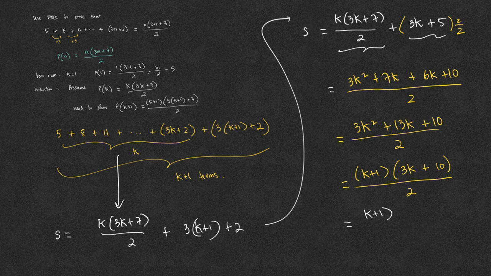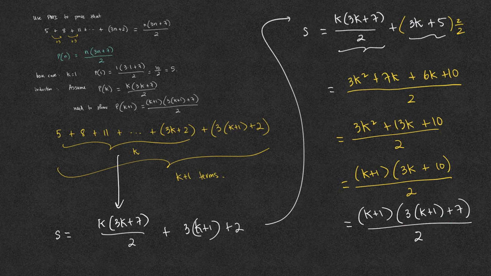We keep k plus 1 and then 3 times (k + 1) plus 7, because we split 10 into 3 plus 7 and we factor out the 3. Notice that if we multiply this out, we end up with 3k plus 3 plus 7, which will give us 3k plus 10 back. But this is the form that we need to show.